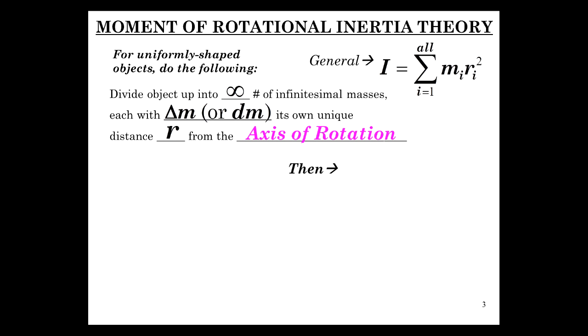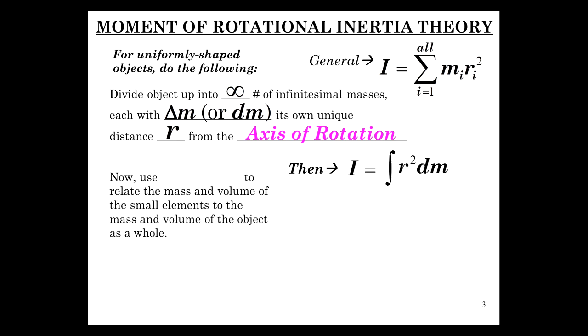So then what are we going to do? Then the moment of inertia is the integral of r squared dm. Notice that this has the same form as our summation. Obviously the integral is like the summation. There's the r squared, and the little m_i is the dm. So this is the general form for discovering the moment of inertia.